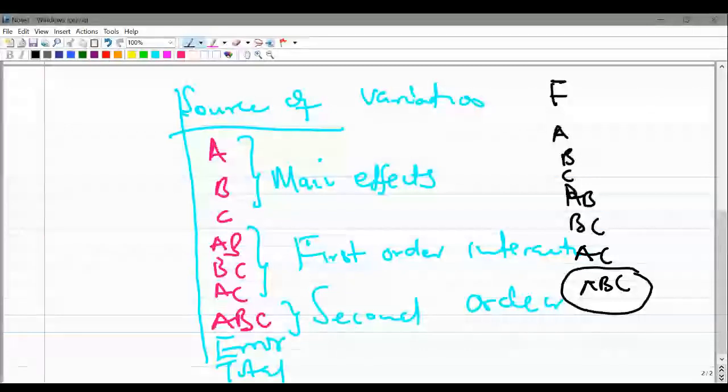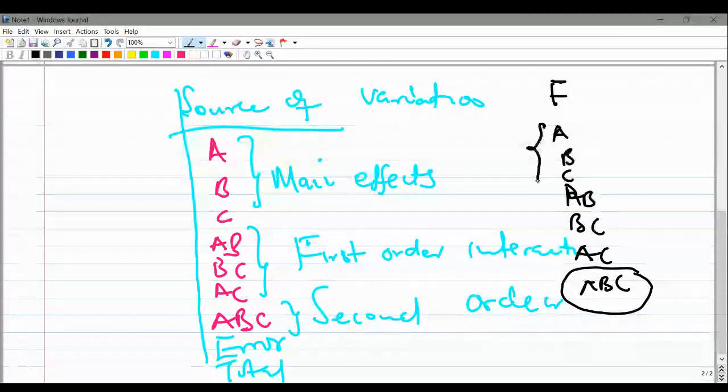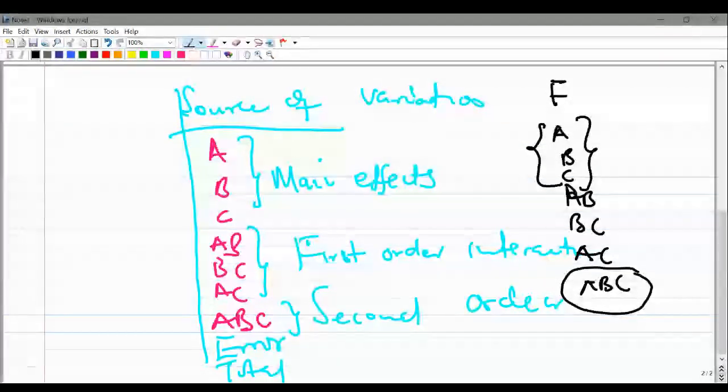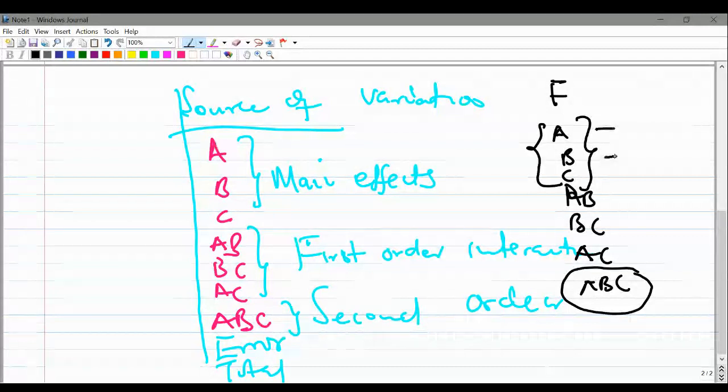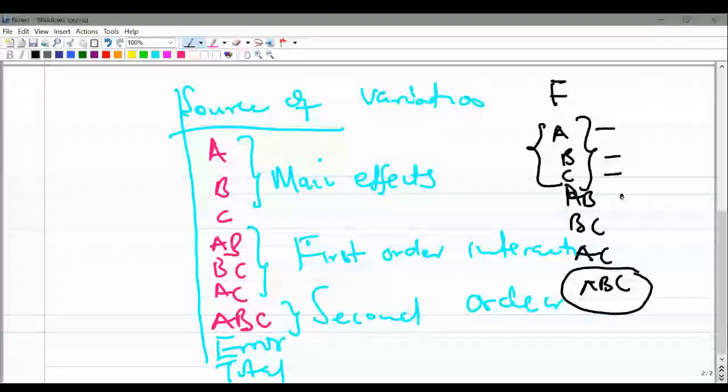You construct the ANOVA table, and then when you have the ANOVA table, my interest is that I want only to know what is happening with these three. You can have an ANOVA table like this, but for the testing part, I say, can you please test for the main effects? So I'm simply saying, say something about F for A, F for B, and F for C. Don't worry about the other ones.